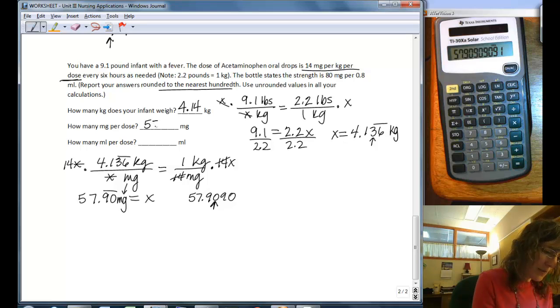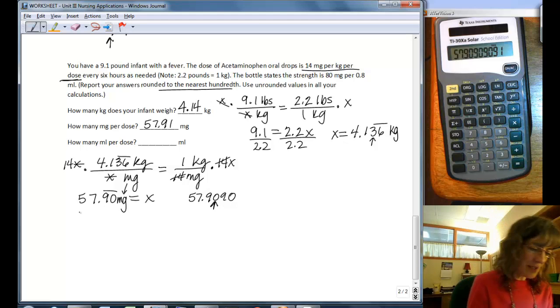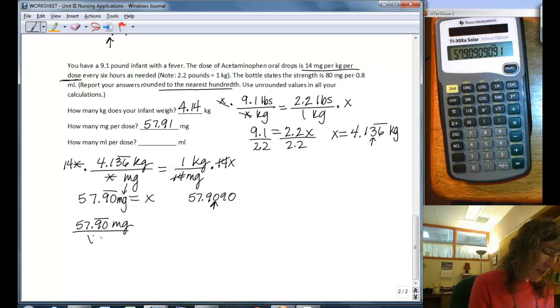So I'll report it as 57.91, but I'm going to continue to use the 57.909090 in my calculations. So I have milligrams now, and I want milliliters. So I have 57.90 milligrams, and I want milliliters.